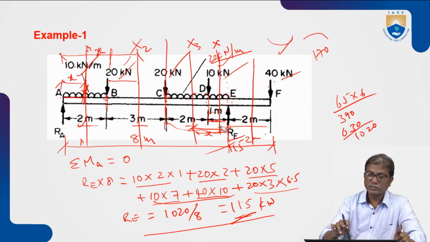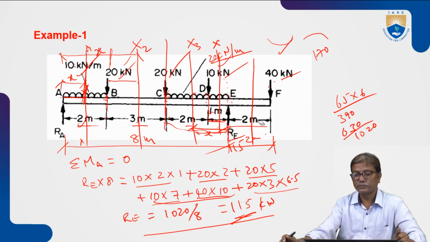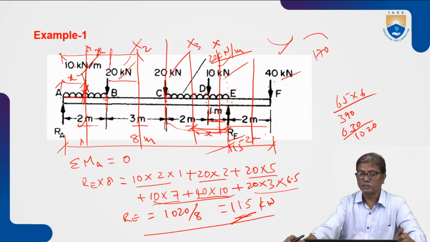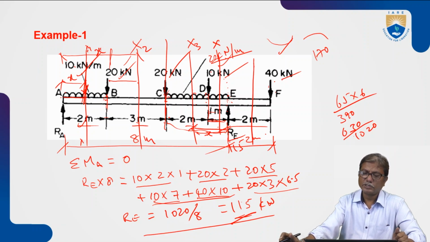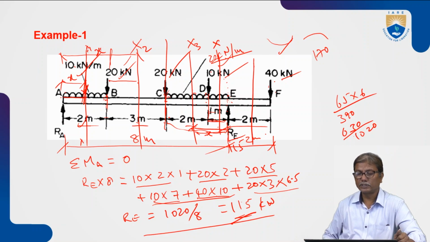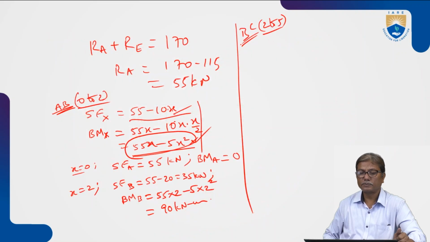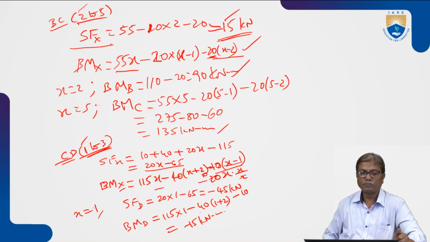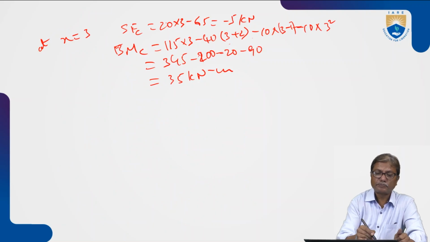The limits for x will be 0 to 1 because the section moves from E to D. So limits will be from 0 to 1. Okay. So consider section in portion DE.